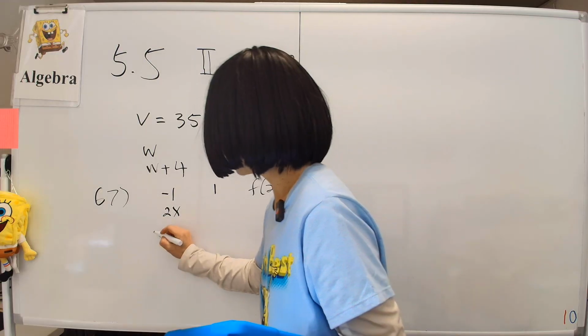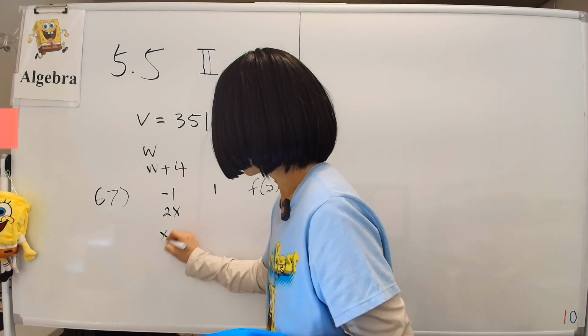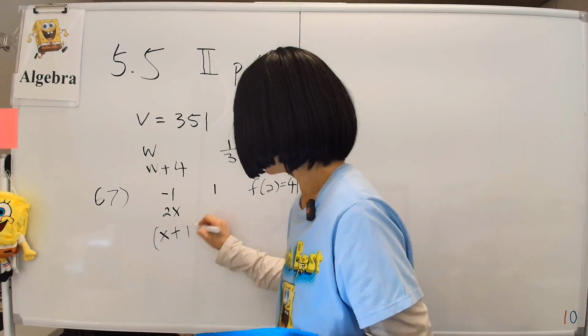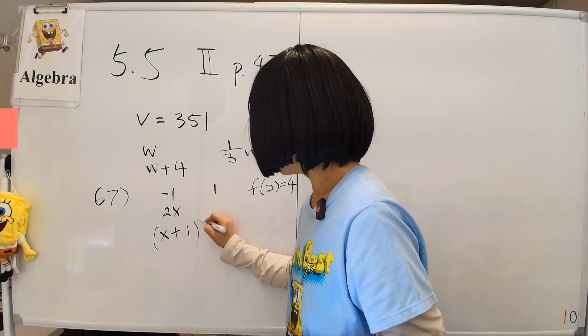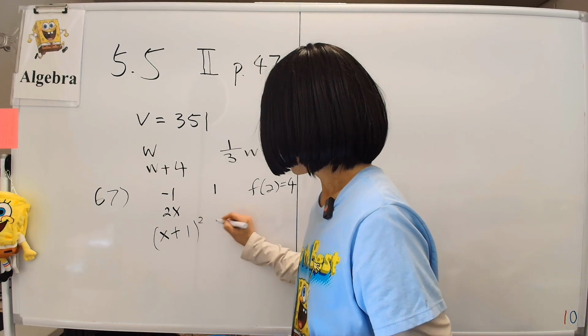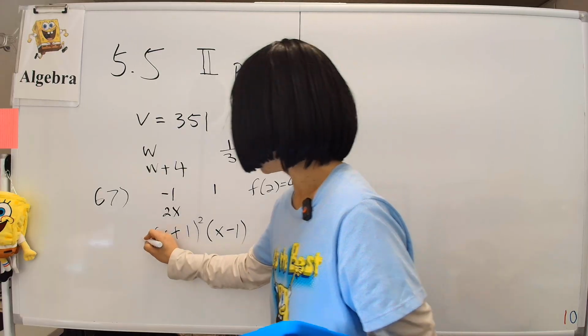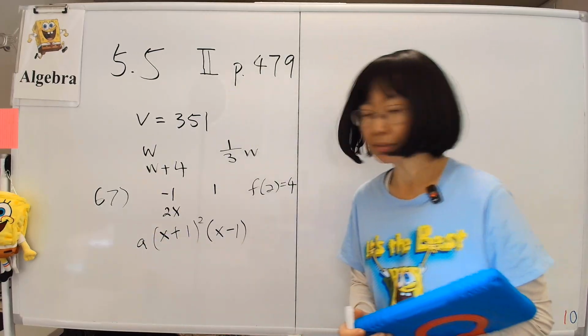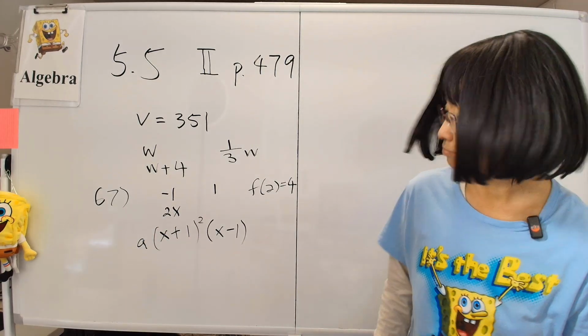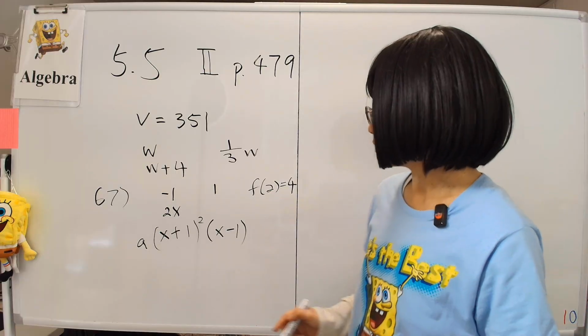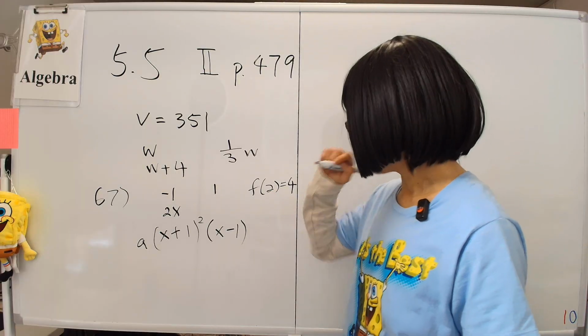So the solution is x plus 1 squared, times x minus 1, and then times some kind of a. Next we need f of 2 equals 4 to figure out what a is.